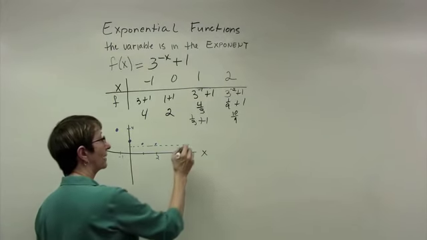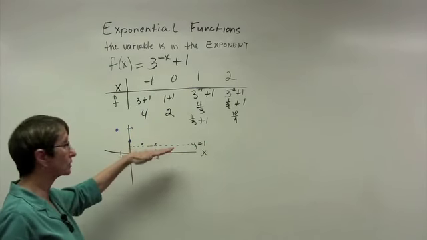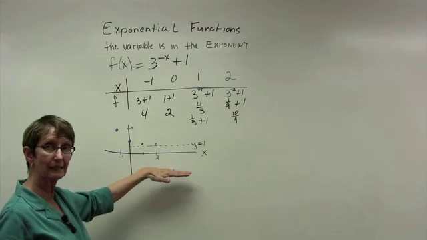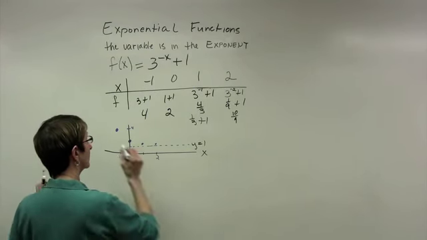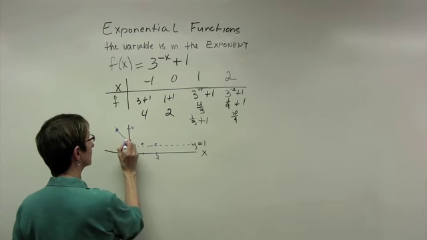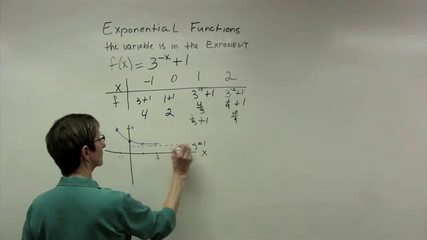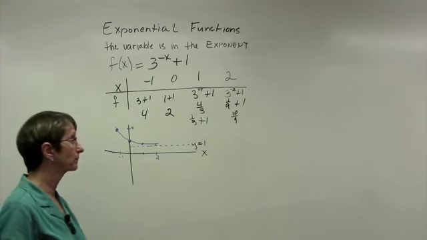And so y equal to 1, we can think of as the lower bound. Like before, we had the x-axis as the lower bound. So it's the same general shape of the function, but this time it approaches y equal to 1 instead of y equal to 0.